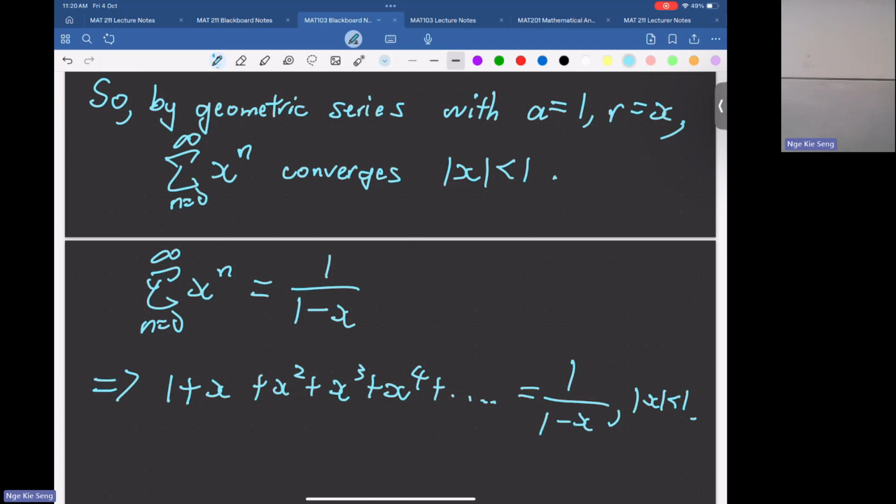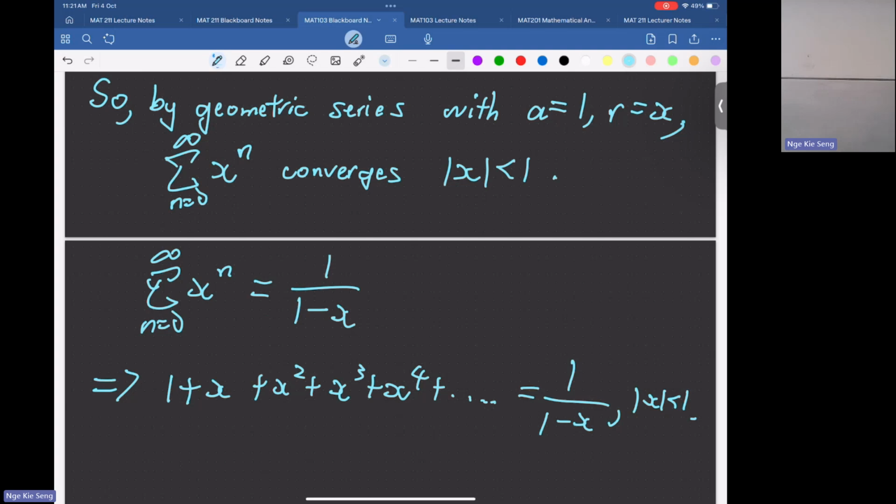Why is it a closed formula? Under this formula, what do I need to do to evaluate? I just substitute x, take 1 minus it, and then invert it. But on this side, what do I need to do? I need to compute x, compute x squared, compute x cubed, compute x to the fourth, for infinitely many powers, and then add them up. Taking power is not a problem, but adding infinitely many terms up is a problem.